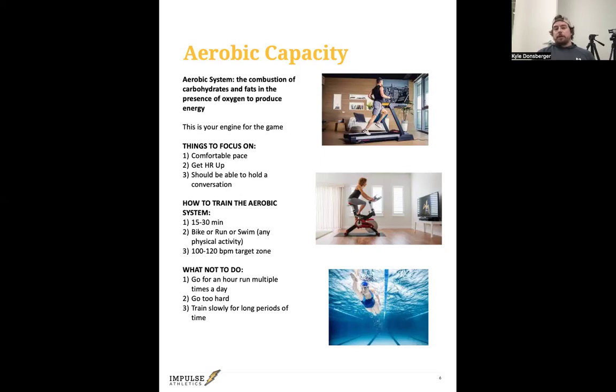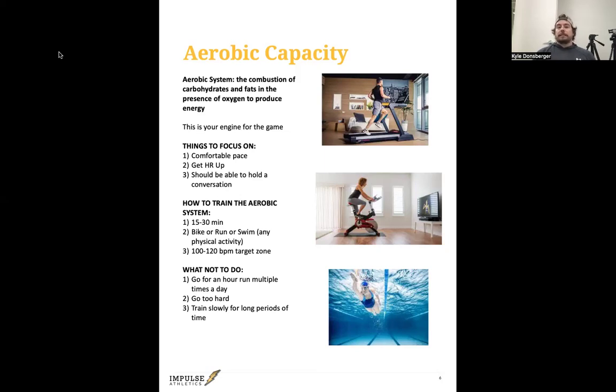A couple of things you want to focus on are a comfortable pace, getting your heart rate up, and you should be able to hold a conversation. When I have my athletes doing a 15-minute comfy bike, it's at an easy pace where you can hold the conversation, but you're still doing work.